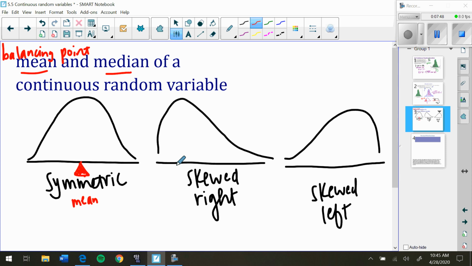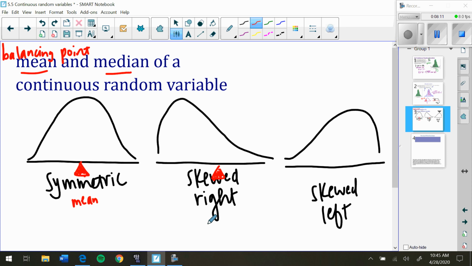If I made the mean right here, which is incorrect, and I found this area, well, look at how much bigger this is over here on this right side. All right, so I know that that spot that I just put is not where my mean is. So where's the mean of a skewed right distribution? It's more towards that tail.